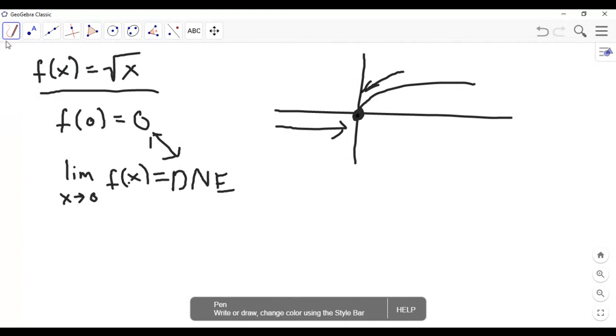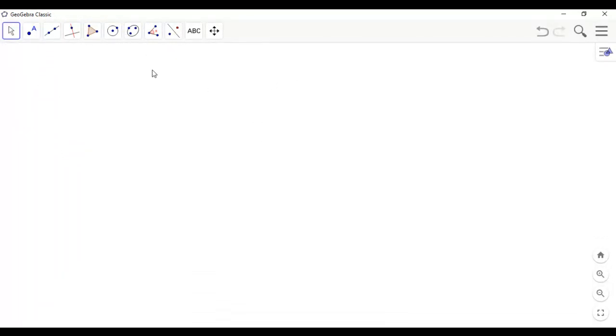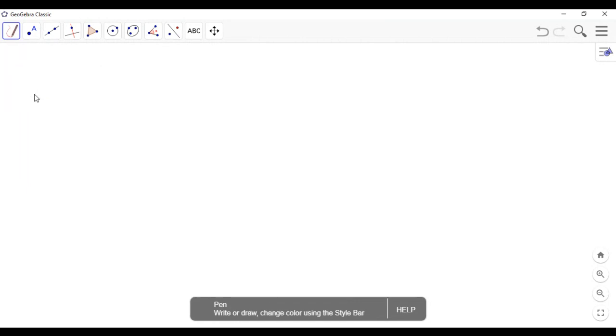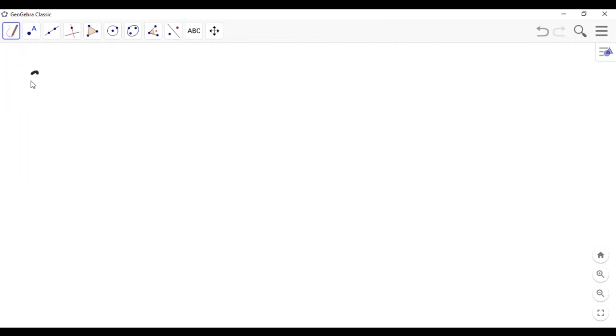In that case, we'll actually go ahead and move to a couple of practice problems for you guys to do. And your job is just to determine where these functions are discontinuous, if they're discontinuous at all, and then explain why they're discontinuous.